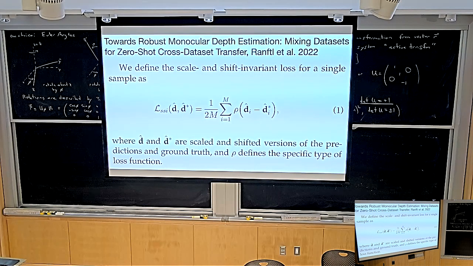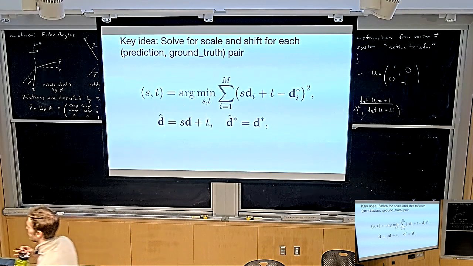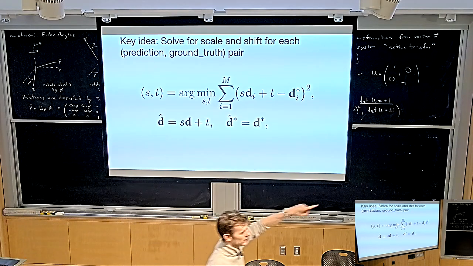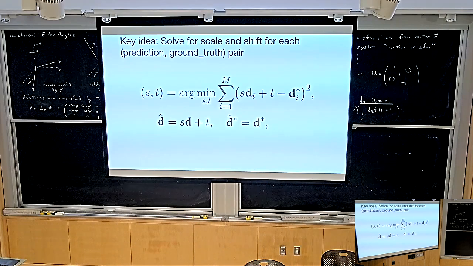Yes? Great question. So the question is, is there an issue with backpropping through the least squares fit? This is actually a very good question, and maybe this is a point of confusion. This is not something that we will backprop through.